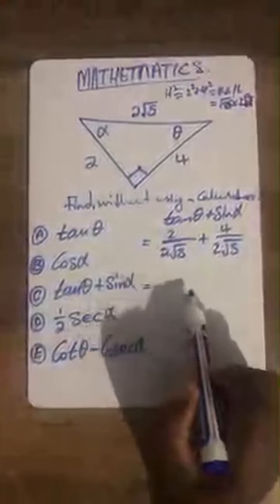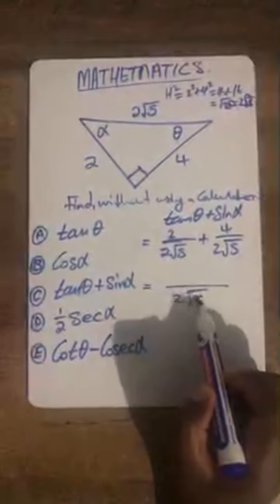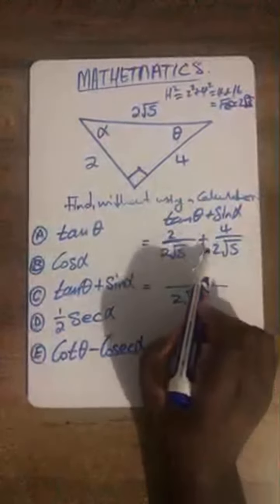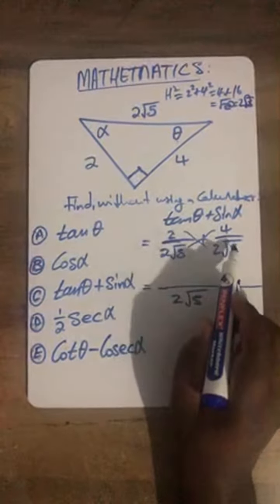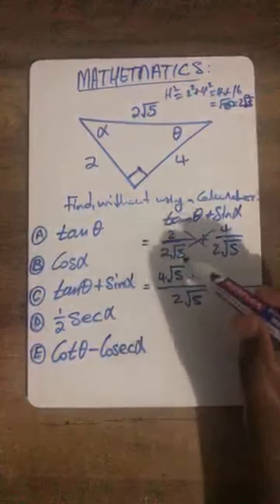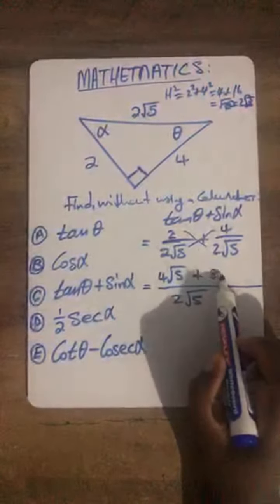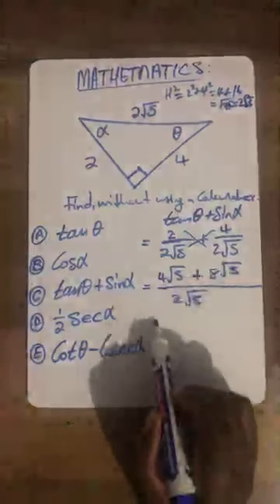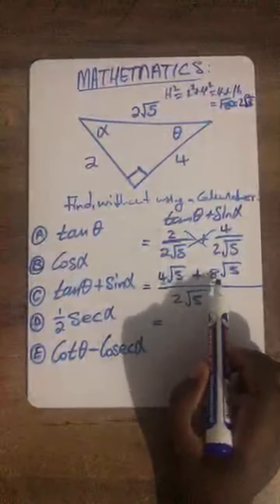So I'm not sure if you guys would agree with me to say this is our LCD, and then all you do is cross multiply, meaning that multiplies that, and that multiplies that. So you are having 2 times 2 square root of 5, which ends up being 4 square root of 5, plus 2 times 4, which is 8 square root of 5. According to me, we have 4 and 8 of the square roots of 5.